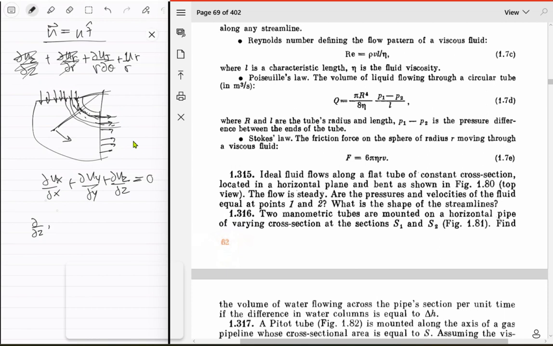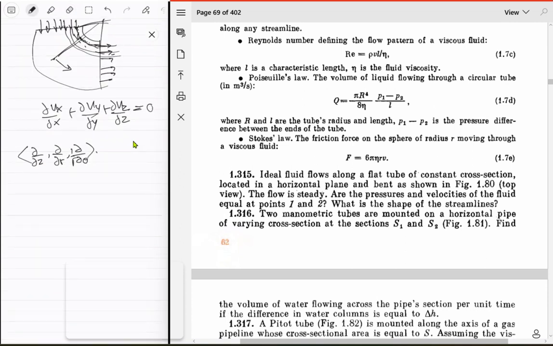It's partial upon partial r, partial upon partial theta, but then you have this 1 upon r, and then you have this vector dotted with our u vector, which is just uz, ur. I know I'm not putting them in the order that they should be in, but whatever. So it's actually taking the dot of this thing. Yeah, okay, right. I think that makes sense.